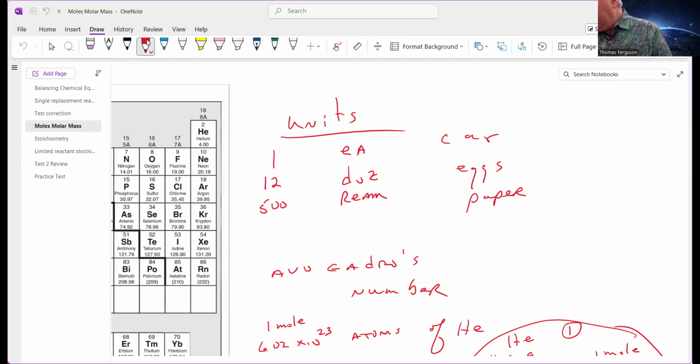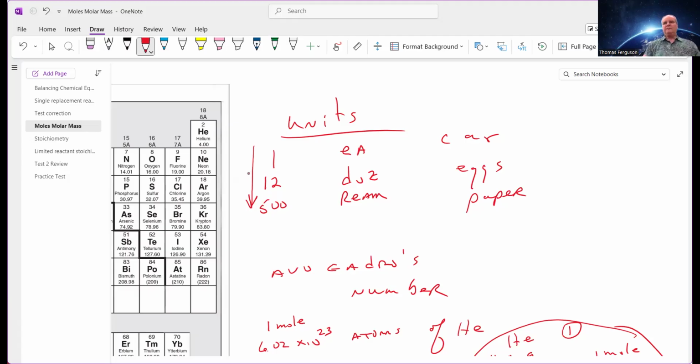As we go down here, notice the items get smaller and the unit gets bigger. Car's big, talking about each. Sheet of paper, talking about 500 a piece.